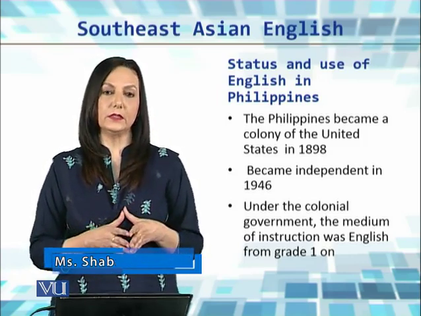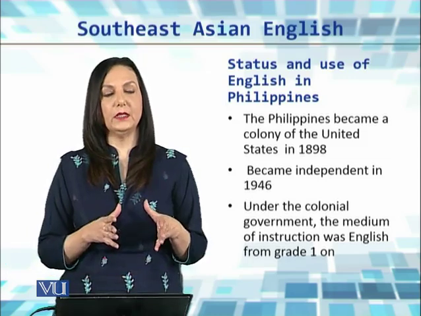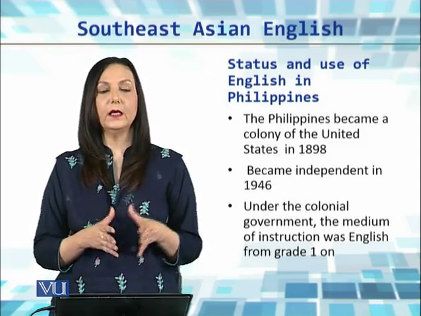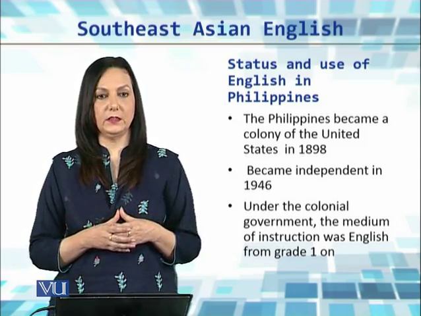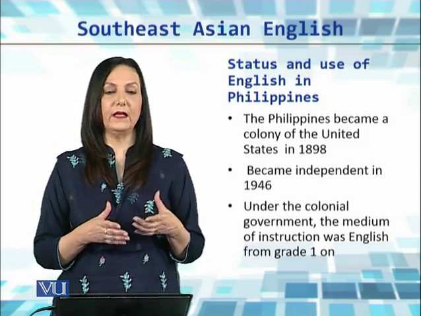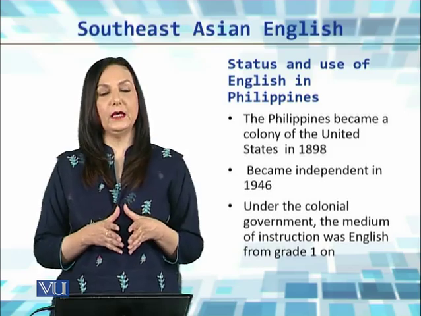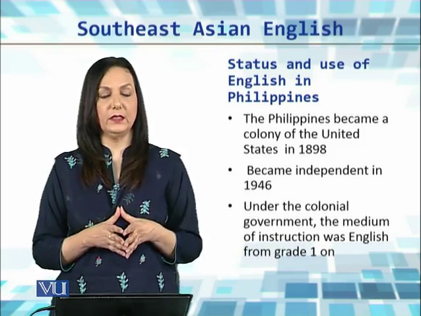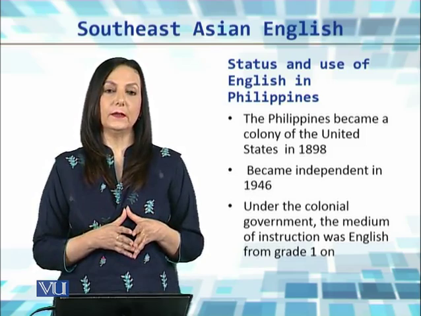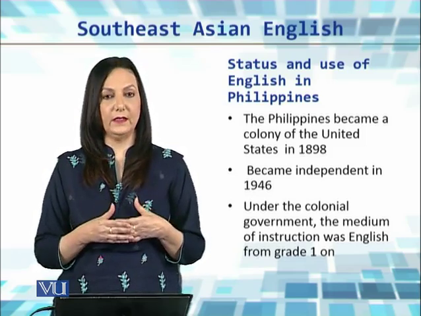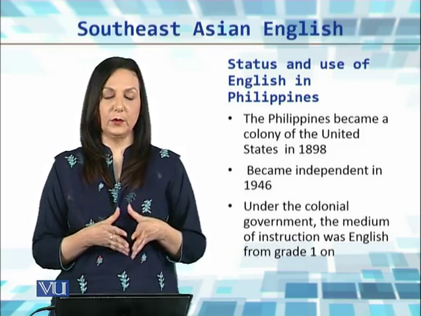There were two reasons for which English was used as a medium of instruction by the American colonial masters. One was that they felt that no other language was suitable to be used as a medium of instruction. The other was that the Americans felt they were the champions of democracy.